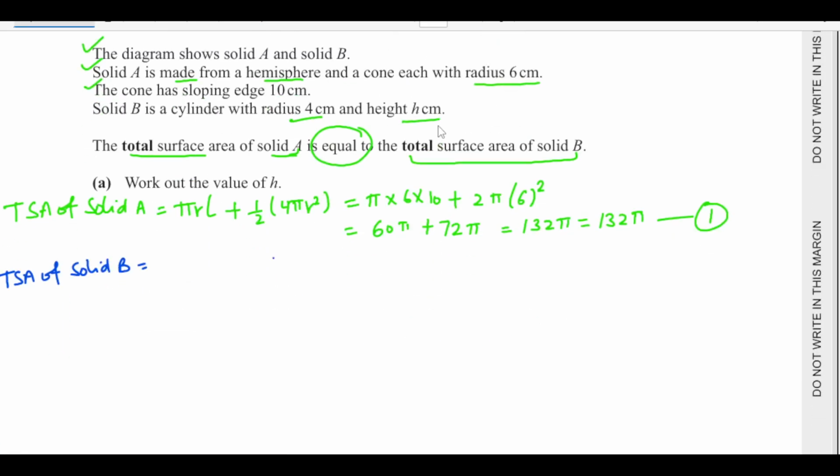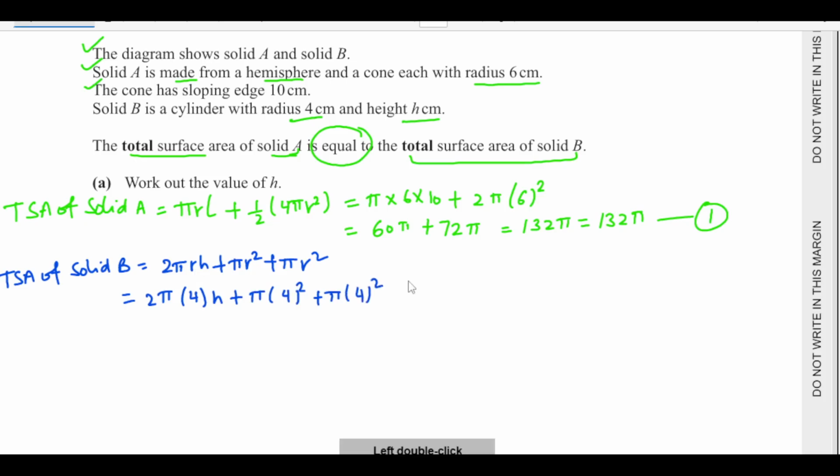That is going to be 2 pi r h plus pi r squared plus pi r squared. Substitute the values: 2 pi, r is 4 and h we are looking for, then pi with r as 4 squared, then pi r squared again.